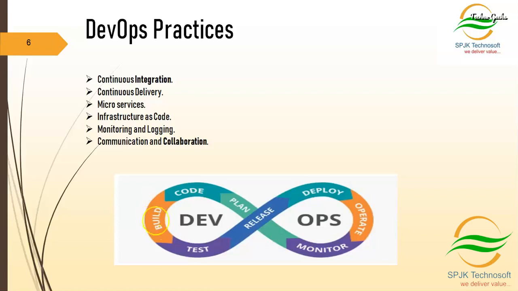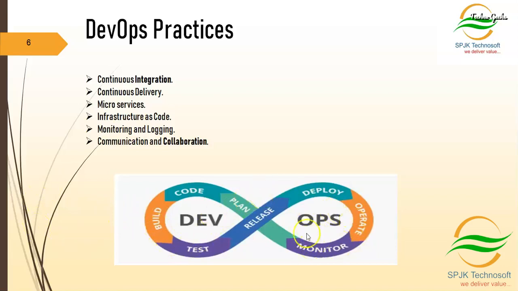Then infrastructure as code, which we will see soon, and monitoring and logging. Using DevOps practices, we can monitor hardware as well as software useful for the development of the project. And last but not least, communication and collaboration. Communication becomes very effective with DevOps practices, because it's a close cooperation among all the people needed to plan, develop, test, deploy, release, maintain, and monitor.